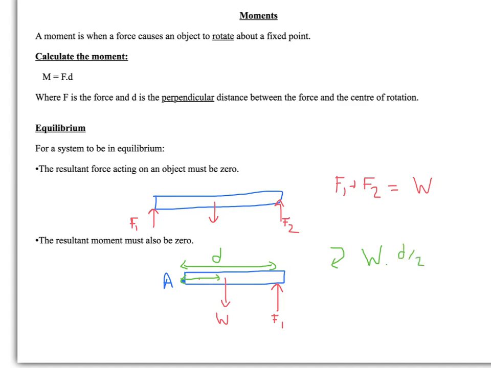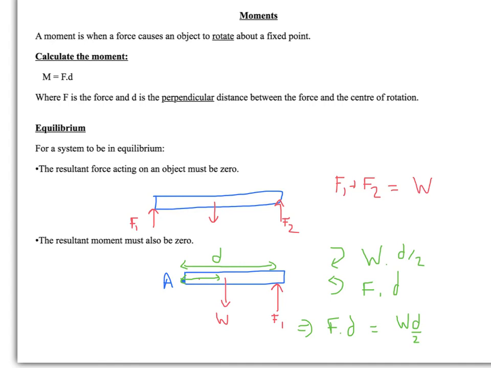Now if we look at the counterclockwise or anti-clockwise moments, we've got the force F1, and the perpendicular distance in this case is nice and simple, so it's D. So the condition to be in equilibrium is that the supporting force times the distance is equal to W D over 2. That will be the condition for the resultant moment to be zero in that case.